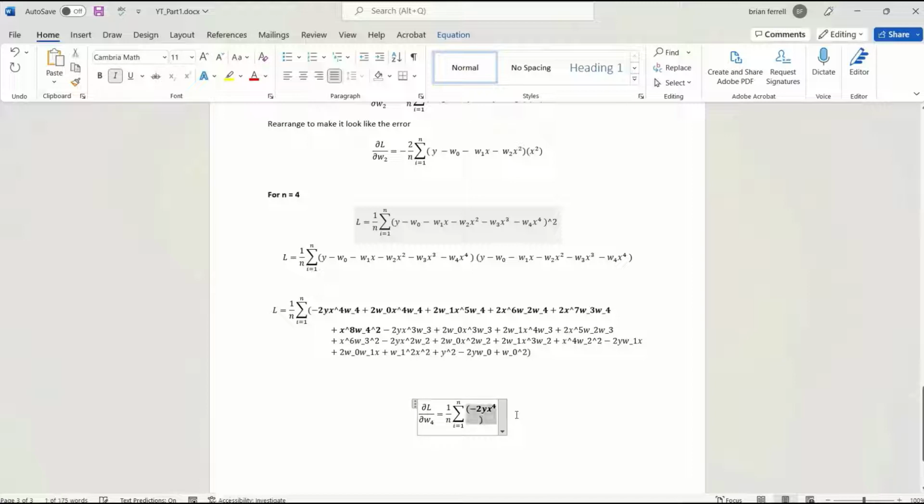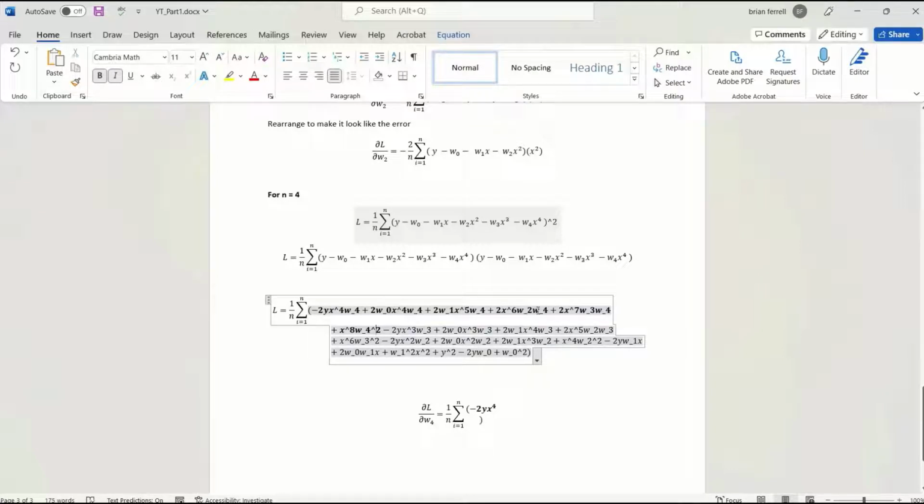Boom. I don't know if it's messing up. Here, we can just type it. So it was minus 2yx, and then x to the power of 4. I don't know why it's doing that, but the weight 4 drops for this one.